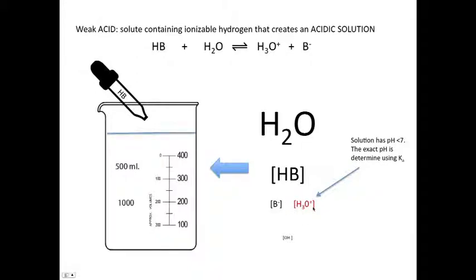So that one's highlighted in red, and as it says here, the solution would test with a pH of less than 7 because of the presence of the H3O+, reminding us that we would need a Ka value to determine the exact pH, but we can pretty safely assume that it would have a pH on the negative side of 7. So in letter form, we've got everything that we can find in this beaker after the equilibrium is set up.